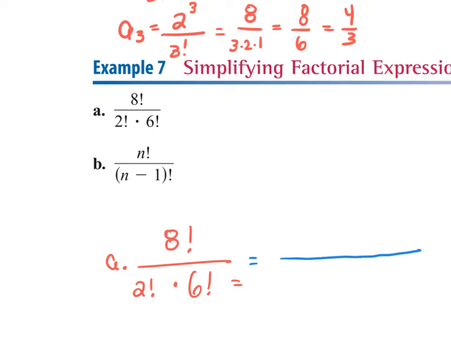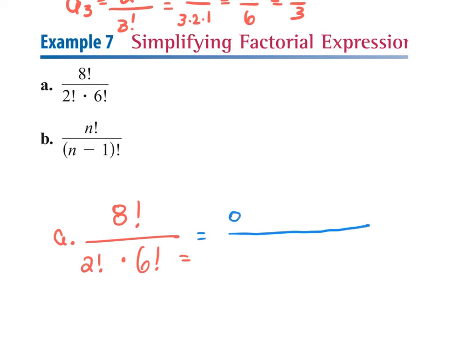And I have 8 factorial. That means 8 times everything behind it. So times 7, times 6, times 5, times 4, times 3, times 2, times 1. And then on the bottom, I have 2 factorial, which is 2 times 1. And I also have 6 factorial, which is 6 times 5 times 4 times 3 times 2 times 1.